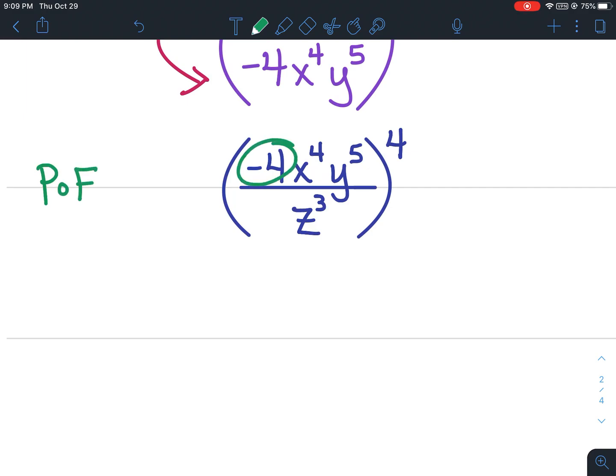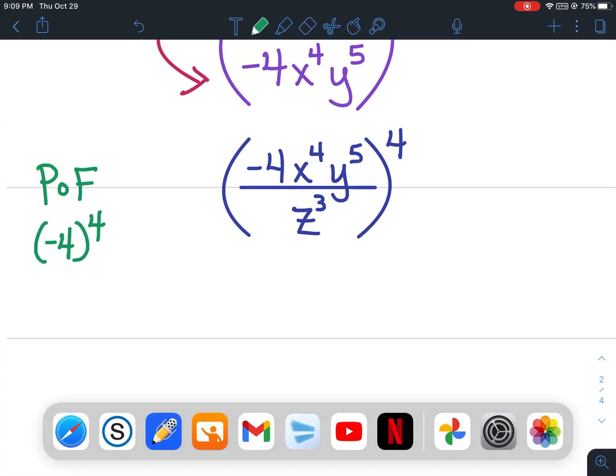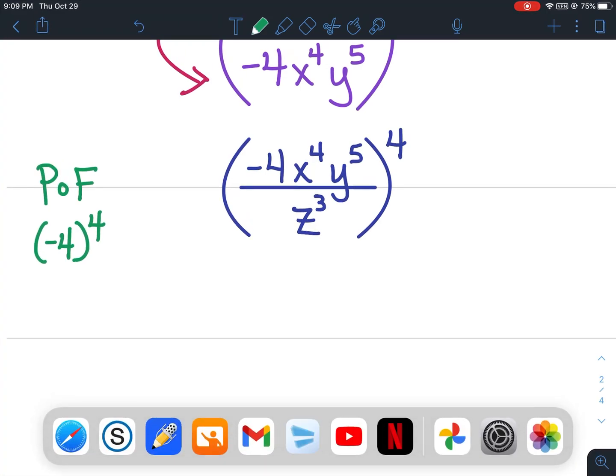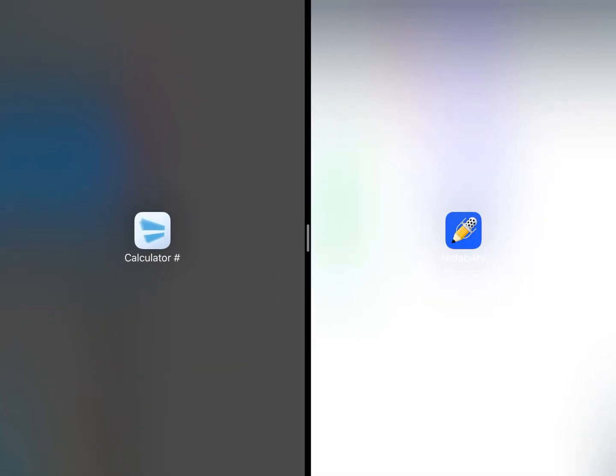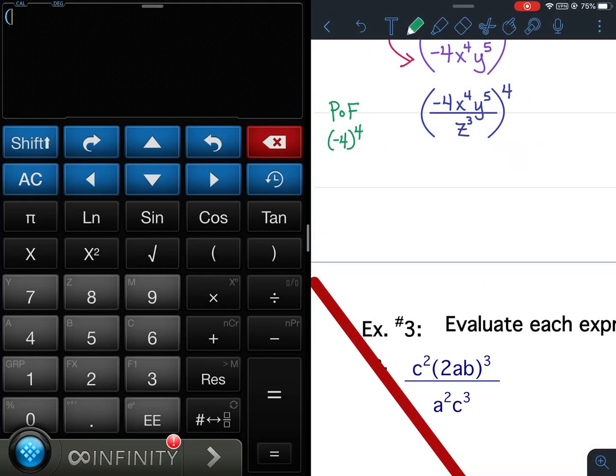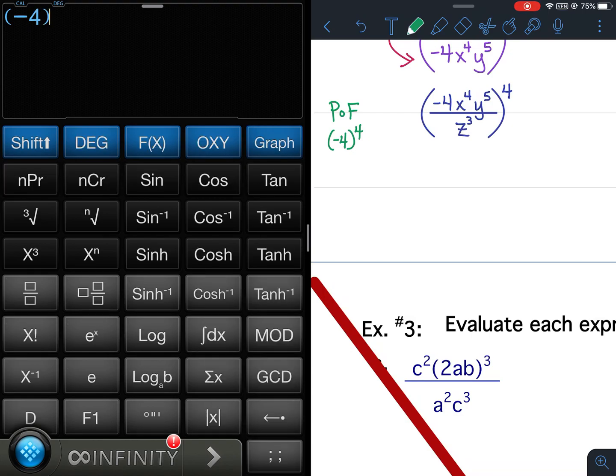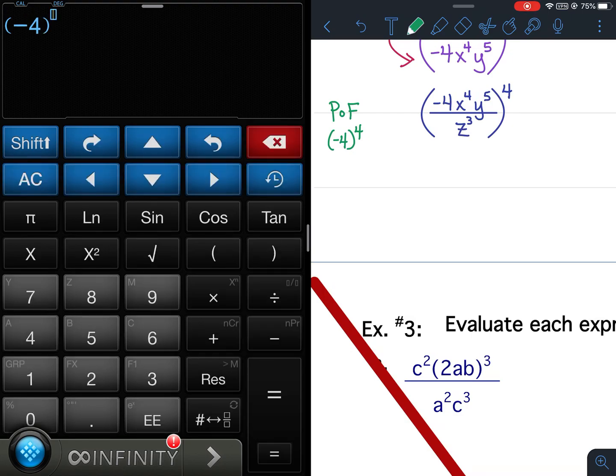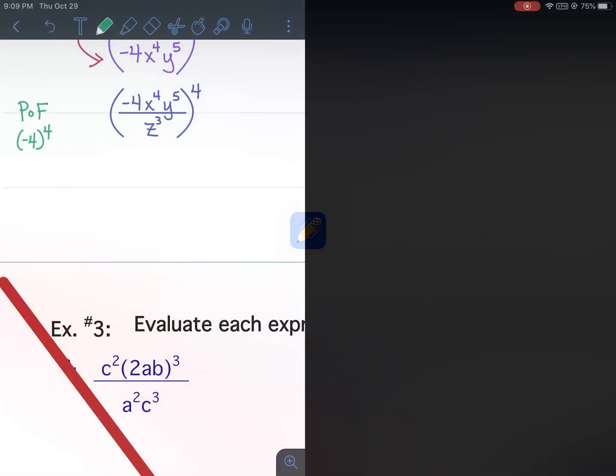So I'm going to take this coefficient, raise it to the exponent, negative 4 to the 4th power. Negative 4 to the 4th power is 256.